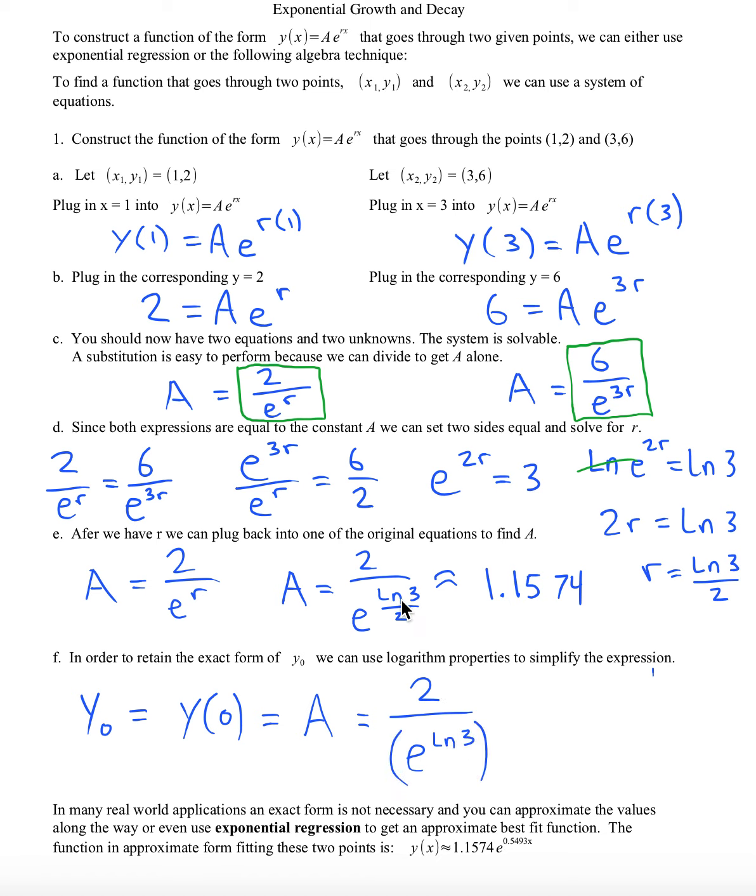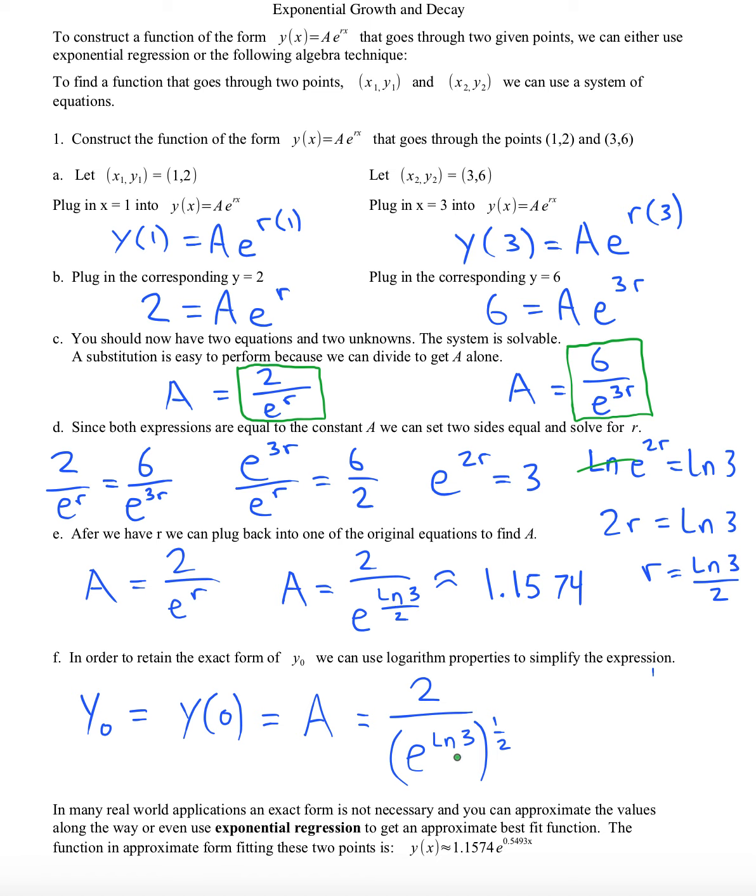We can take apart the ln 3 over 2 and separate them in this way. The reason why is when we have an exponent divided by another exponent, that would be the same as ln 3 times a half.